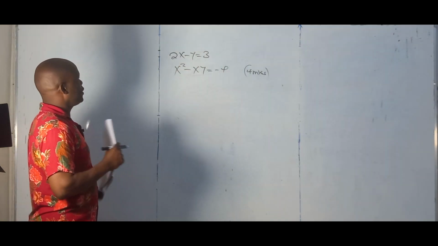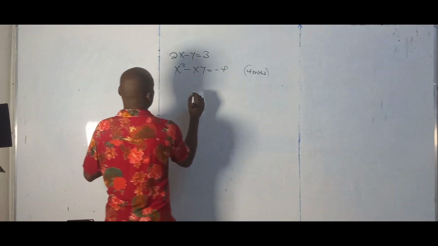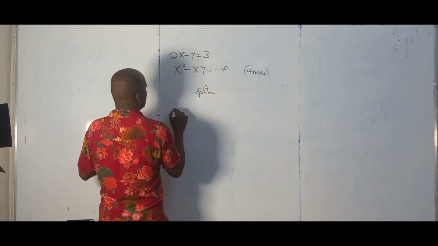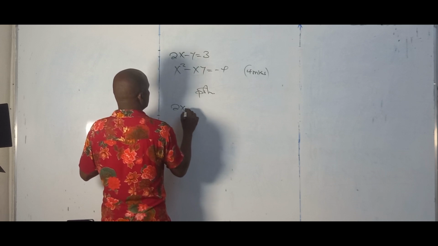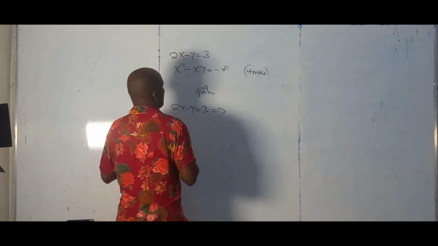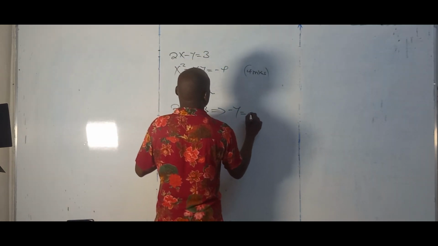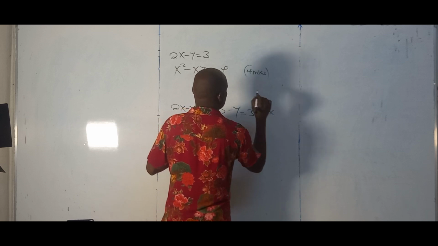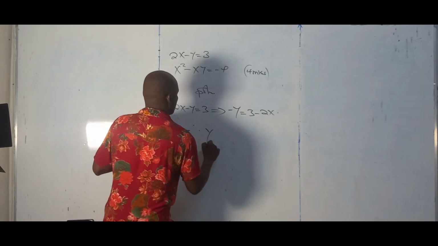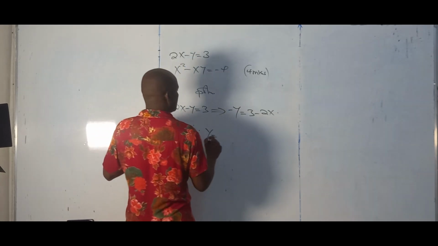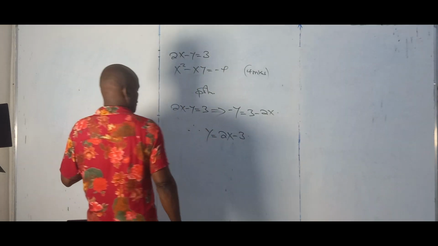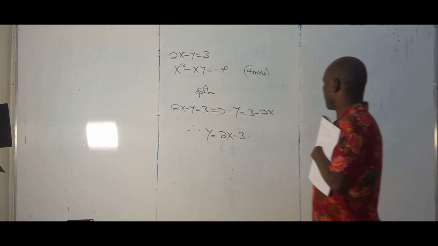So first of all, in finding the solution, we need to know that if 2x minus y is equal to 3, that should mean that minus y is equal to 3 minus 2x. And therefore y is 2x minus 3.